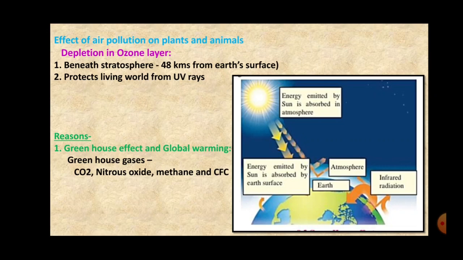Like carbon dioxide traps the heat from the sun, these gases also trap the heat of the sun, and thus these gases are called greenhouse gases. CFC is chlorofluorocarbon. Because of the depletion in the ozone layer, one of the reasons is the greenhouse effect and global warming. The temperature of the earth is increasing, which is called global warming.